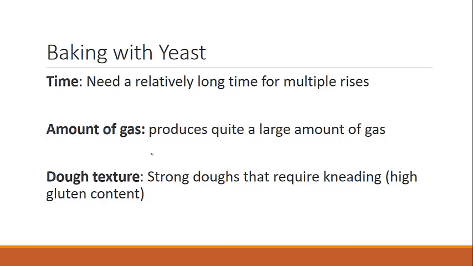We learned that kneading will increase that gluten content, so gluten and yeast go hand in hand. A really strong dough will allow for more leavening, and that yeast, because it produces more gas, will fill up quite a bit of space.